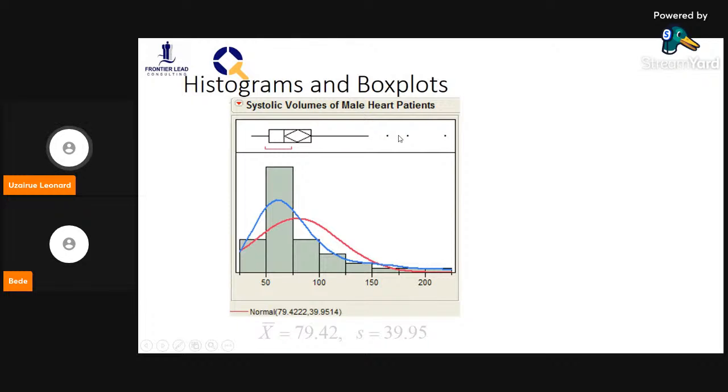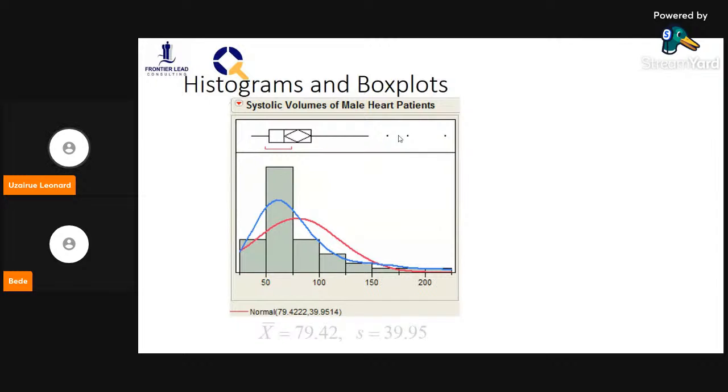One of the ways to deal with extreme values is that when you check and you are not sure whether it was rightly entered or not, then the rule of thumb is that you remove those extreme values and rerun your data. But when you check and you see that they are actually normal, they have been tested, they have been checked, and everything is normal, what do you do?